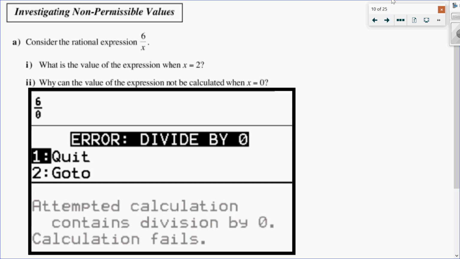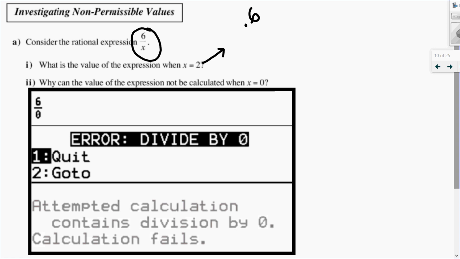Let's talk about non-permissible values. So when we talk about dividing, it is really important that we talk about non-permissible values because this rational expression, 6 over x, this is 6 divided by a number. So the variable x is any number. So what happens when x is 2?